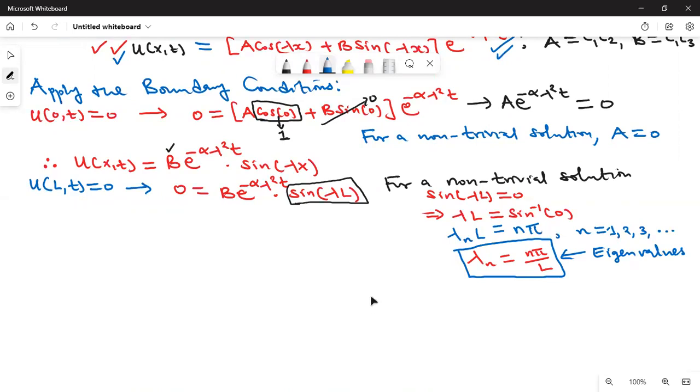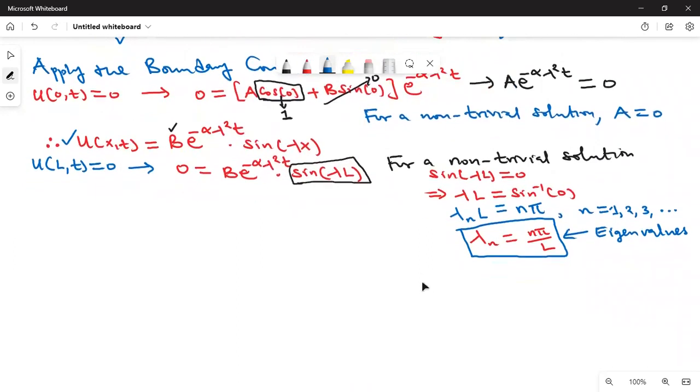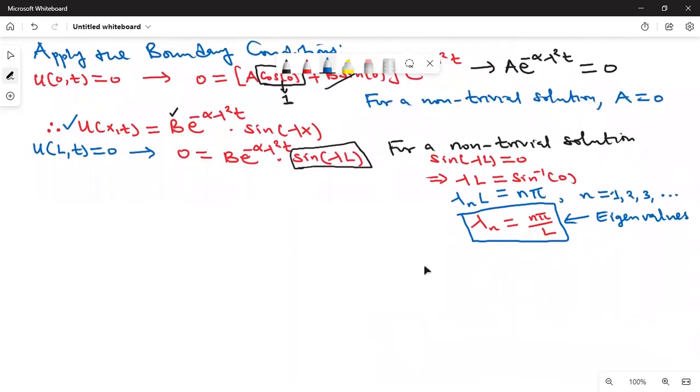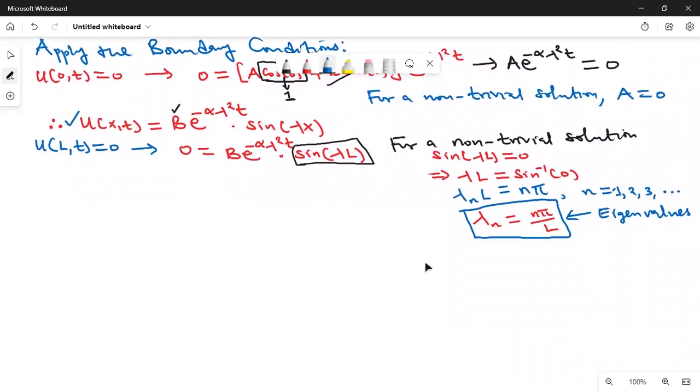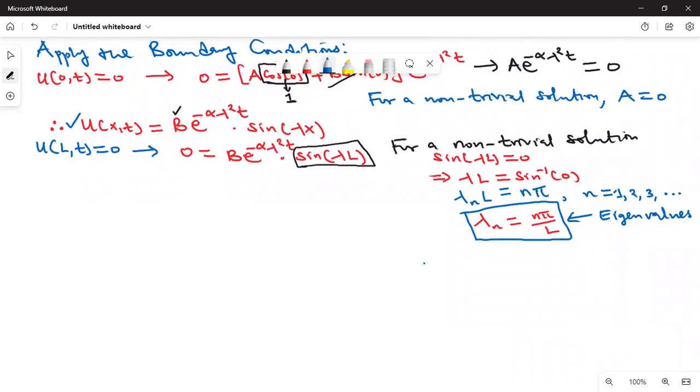So we go back to our equation here, this one, and then we substitute those lambdas. So there will be so many eigenfunctions corresponding to those eigenvalues.